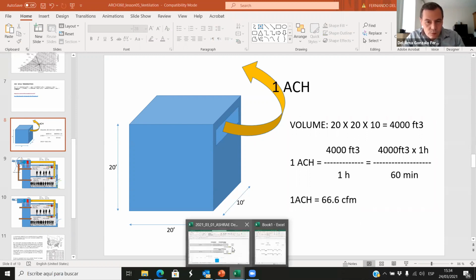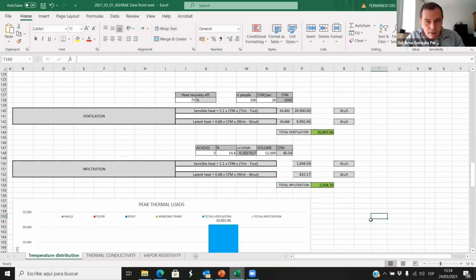Okay, this is what we are doing here in this infiltration rate. So here we have the air changes per hour, we have the volume, and we calculate the CFM with this formula. Okay, so it's the volume times the air changes per hour divided by 60. And this is the air change per hour that we have, the natural one. Okay, so we start with the test, then we have the N factor, and this is the natural one.